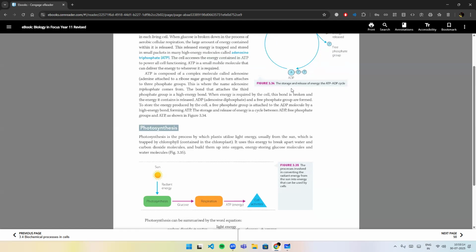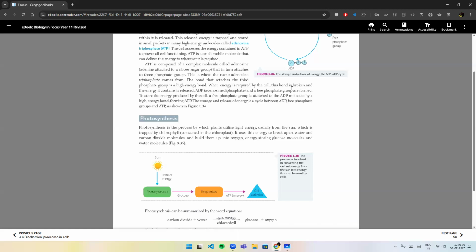ATP is composed of a complex molecule called adenosine, adenine attached to a ribose sugar group, that in turn attaches to three phosphate groups. This is where the name adenosine triphosphate comes from. The bond that attaches the third phosphate group is a high energy bond.